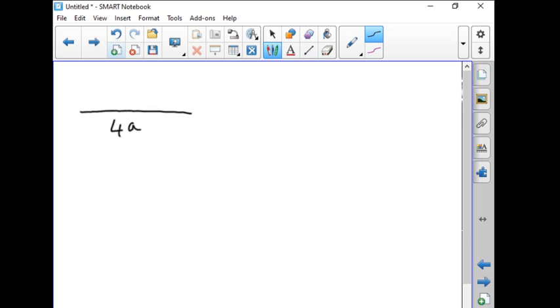So what we have in the numerator? 4, plus 2 for the second term, plus 1, so it is 7 by 4a is equal to 7 by 2.